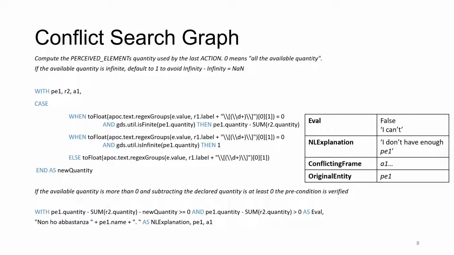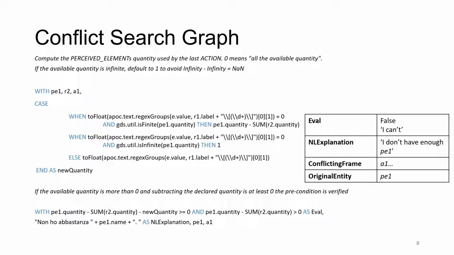The evaluation, which is here false. So we have a Boolean value that tells us that this action is not possible, and as we'll see later, this enables us to also generate a response in the system, like I can't perform this action. Then we also have the natural language explanation that can be built with the information retrieved from this query.